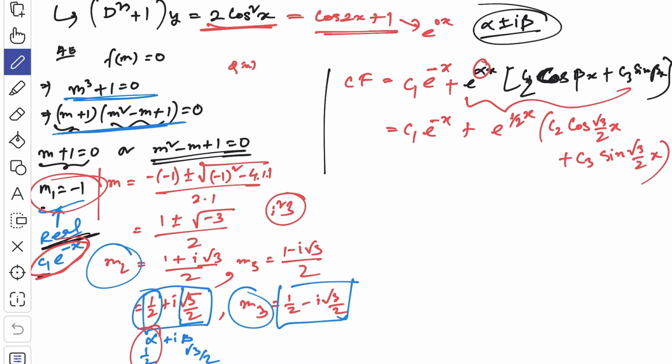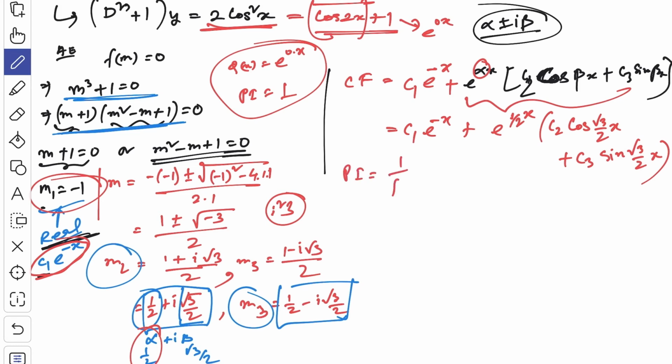So if Q of x is equal to e to the power 0 into x, then PI will be equal to 1. That's very simple. But for the cos part, we are going to use PI equal to 1 by f of D square on cos twice x. Hope you have got this.